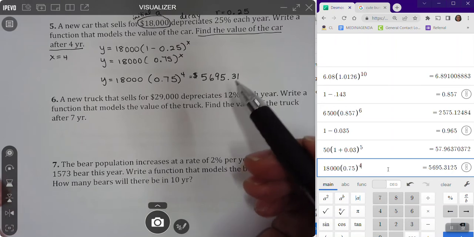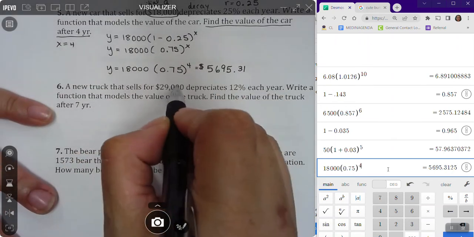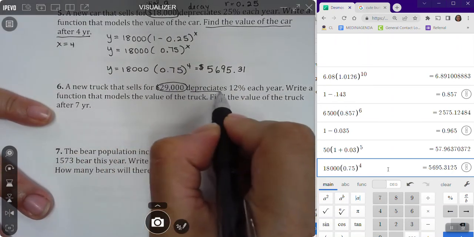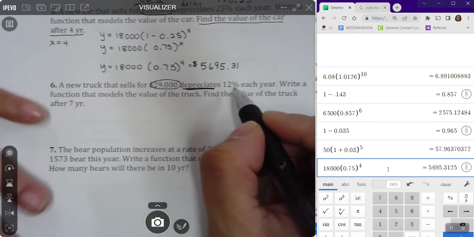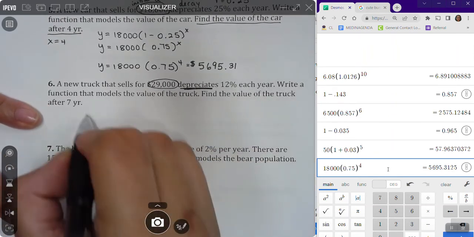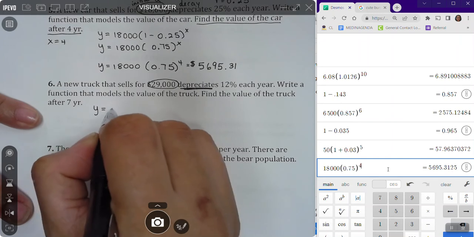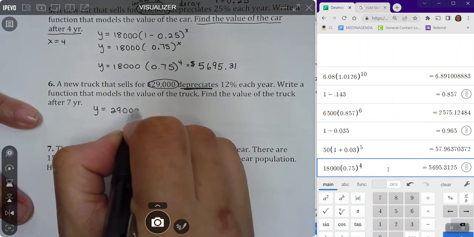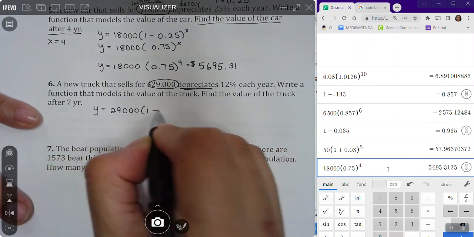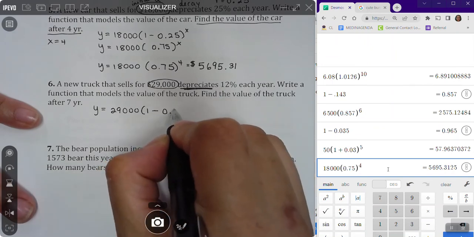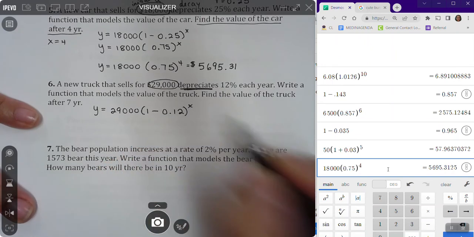Oh well. A new truck that sells for $29,000 depreciates, which means decay, 12% each year. Write the function: y equals initial value. It is decay, so it's 1 minus the rate 0.12. All right, so that's the function.